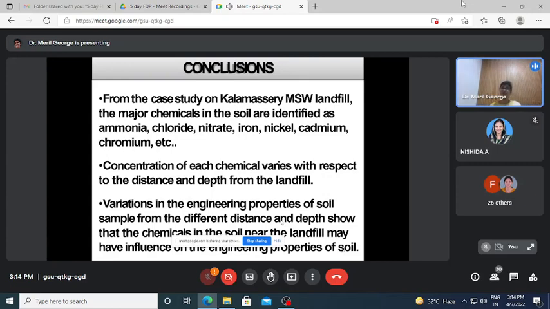The major contaminants observed in this particular soil were ammonia, chloride, nitrate, iron, nickel, cadmium, chromium, etc.